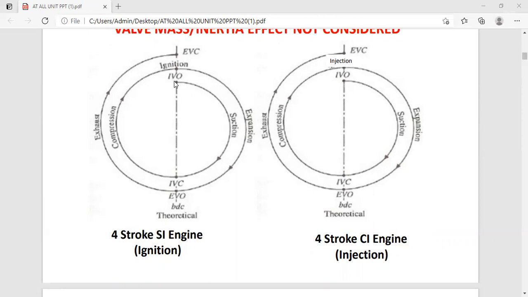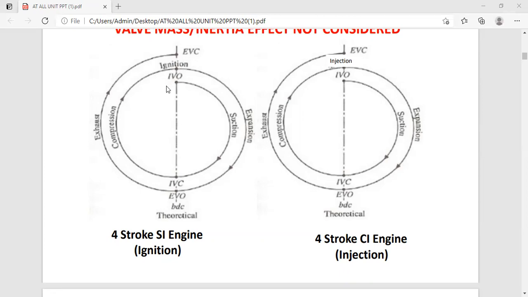So it has the advantage to keep the inlet valve open before TDC. The kinetic energy of the charge produces the ramming effect, that is called the ram effect, which forces more charge to be admitted inside the cylinder.